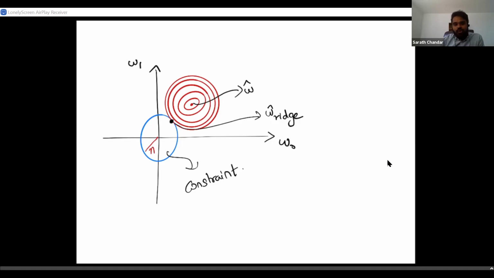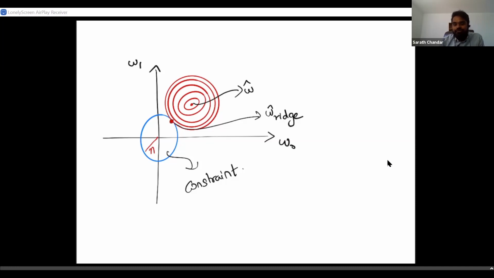So L2 regularization is forcing you to find the parameters which have lower magnitude, and the maximum limit is decided by this circle. And the solution is basically a point where this circle intersects with some contour map of this loss function, right? Now this dot here is the best solution that you could achieve by using L2 regularization.